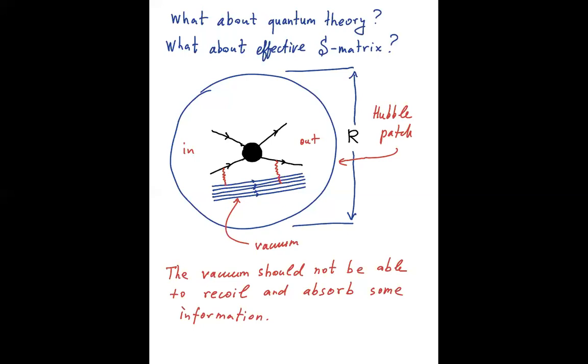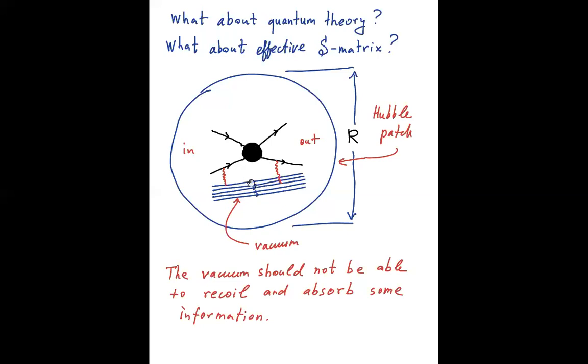After all, we don't have a globally defined time, but we can still define time on time scales shorter than the Hubble radius R. And on those time scales, we should be able to formulate an effective S-matrix. After all, if I do experiments at the LHC, I do S-matrix computations. So why should I worry about a horizon 10 to the 14 billion light years away or something?